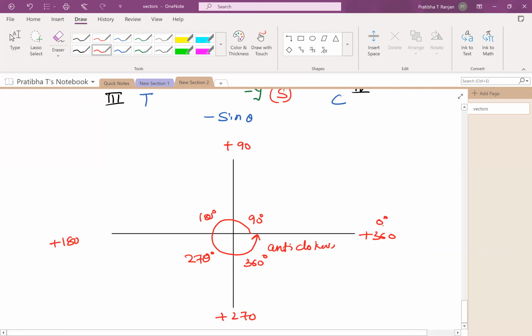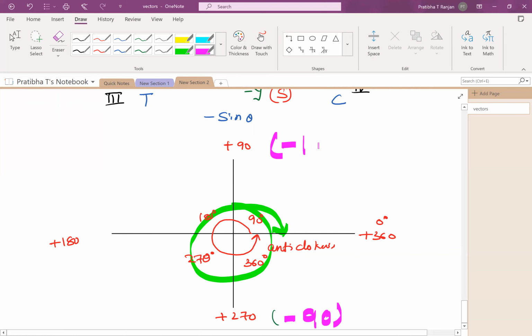But when you are moving in a clockwise direction, it means this direction, like this, right? Counterclockwise is anti-clockwise, right? So this time this becomes negative 90 and this becomes negative 270.